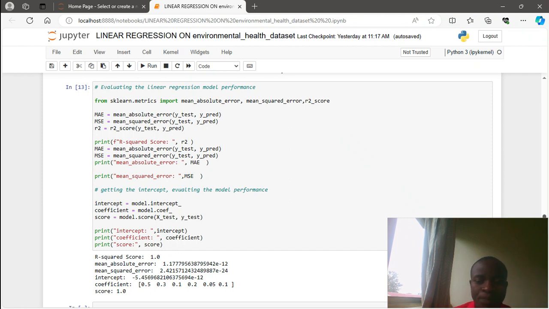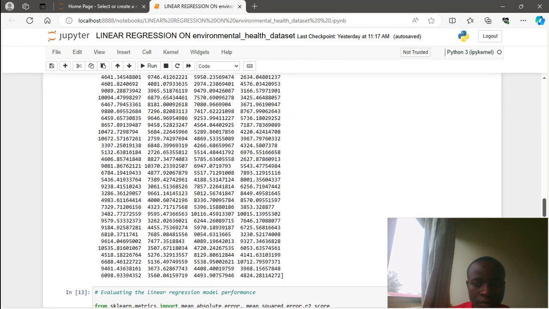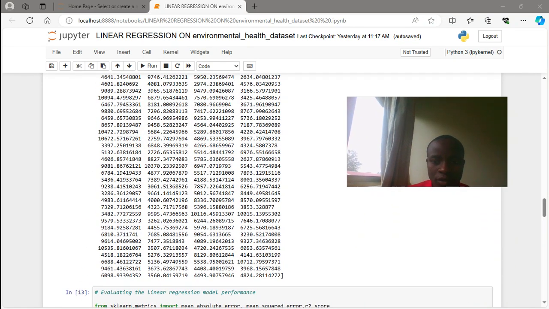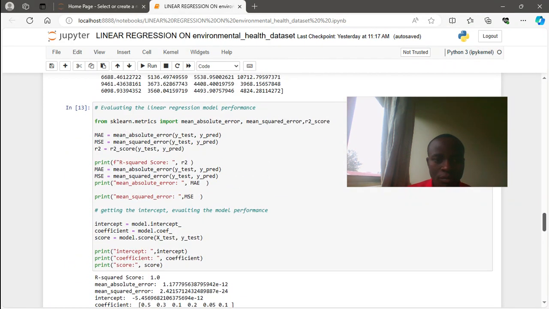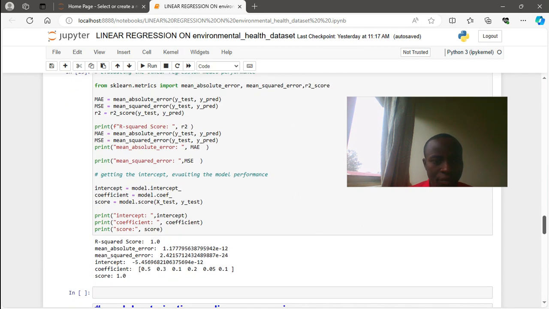MAE is equal to, okay, so after computing, I get the mean absolute error. The lower the mean absolute error, it means the model has learned something. So the values here I can see I have R2 score, which is model accuracy, it is 1, meaning 100%.